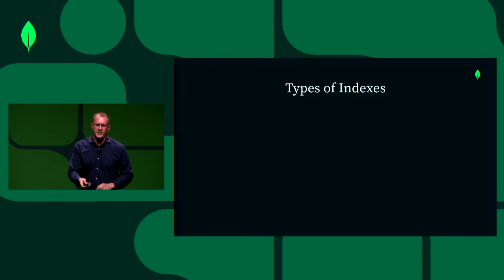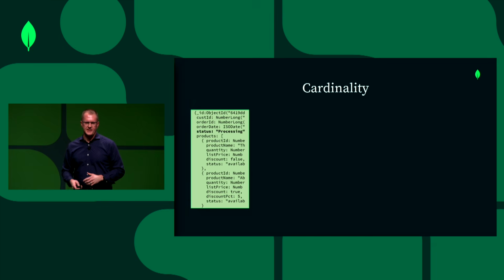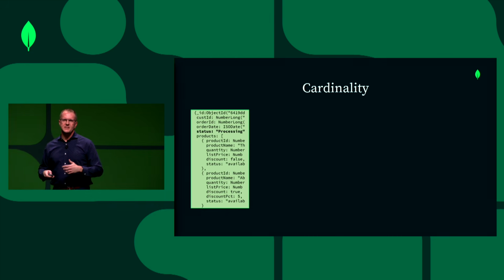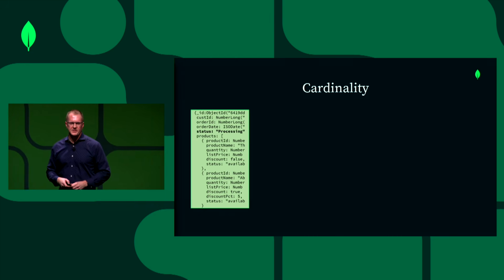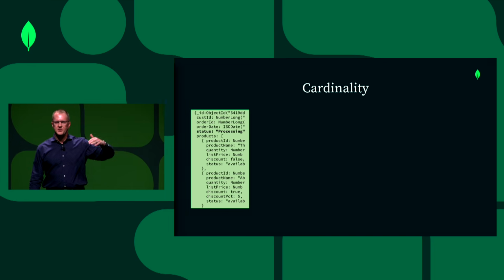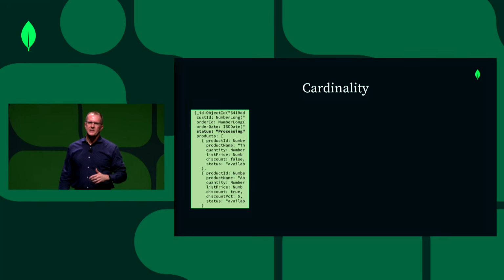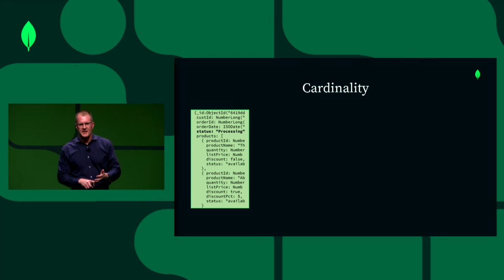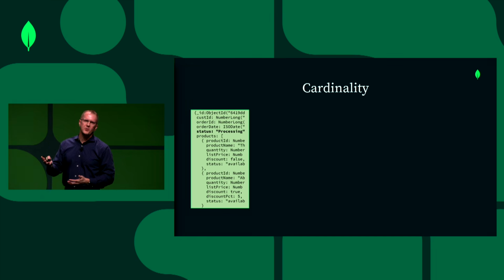But I want to talk about a concept that applies to all of them, and that's cardinality. The term cardinality in the database world simply means how many unique or distinct values you have on a particular field. Is it someone's last name? We all have very different last names, so the cardinality is high. But maybe we are all either above or below a certain age.